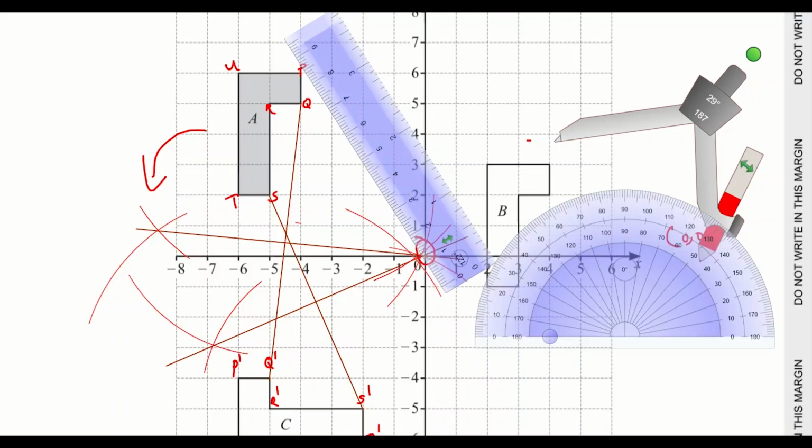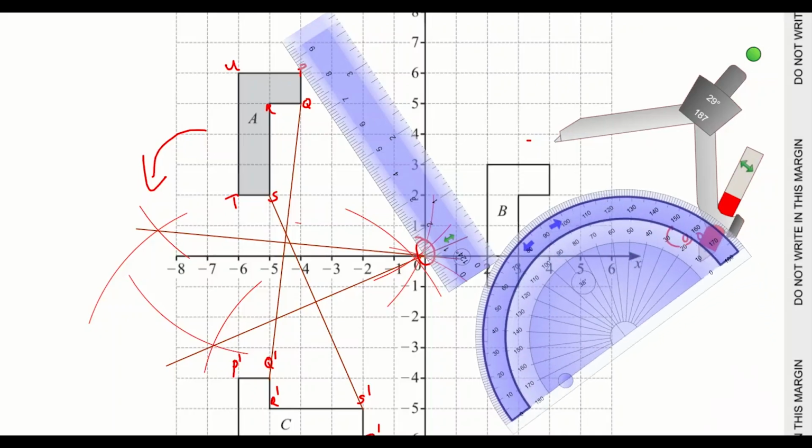So if you are using your tools by hand, it's pretty easy. Now, you can see from P, from here now, this is the center of rotation. Let me bring the protractor.